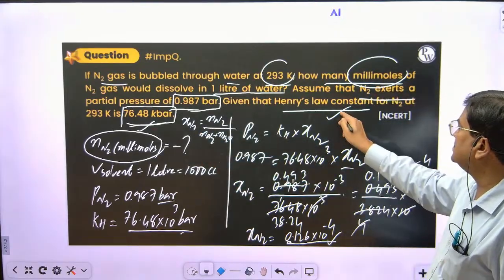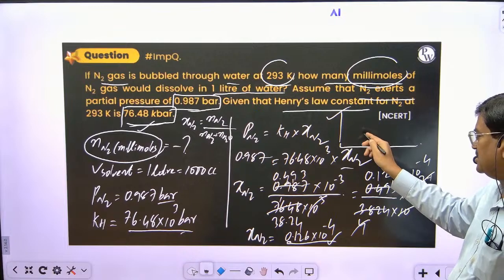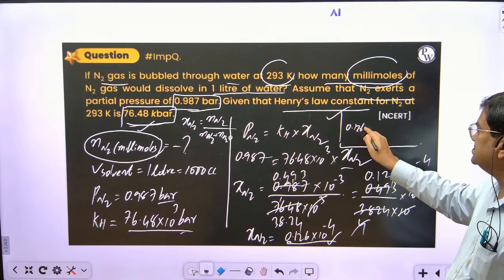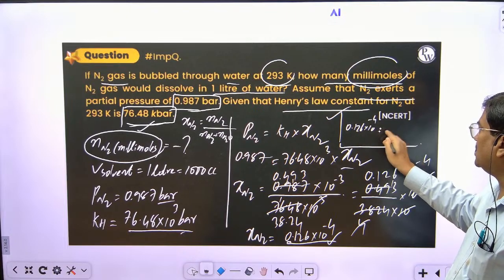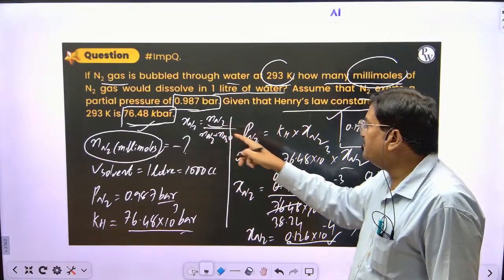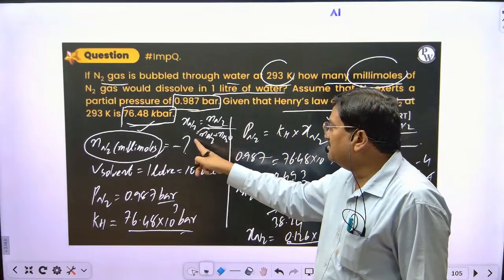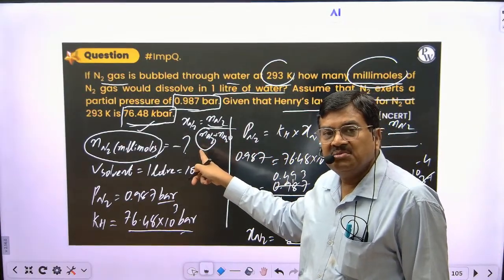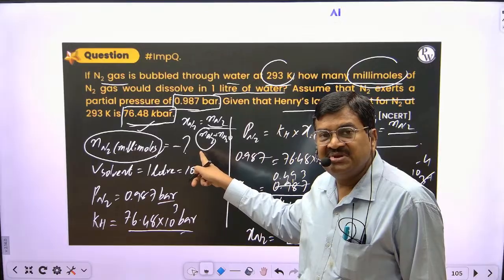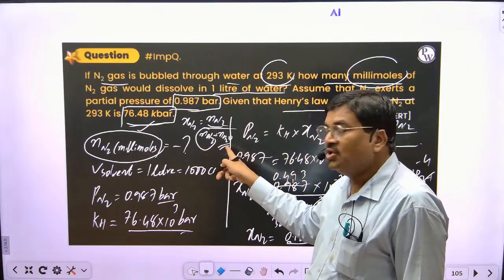The value of mole fraction I got is 0.126 into 10 power minus 4, and moles of nitrogen I have to find, that is unknown. Moles of nitrogen in the denominator is negligible, because a very small amount of nitrogen is present, so I have to consider only moles of water.